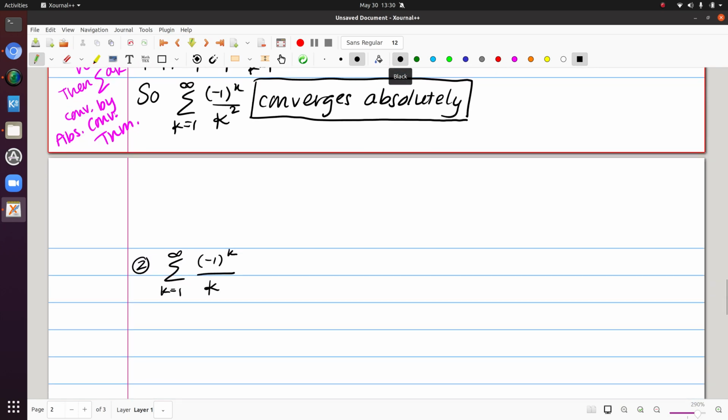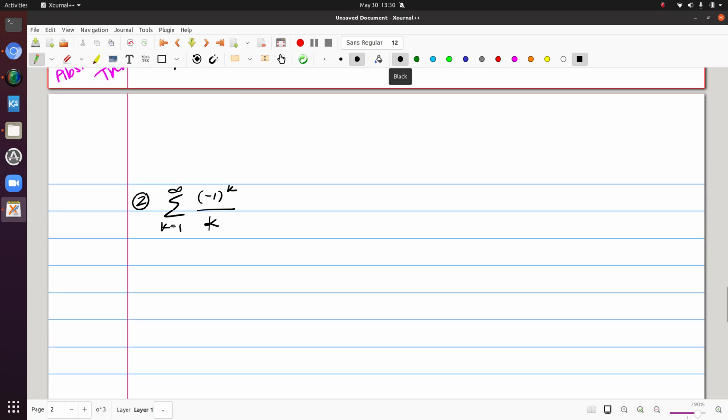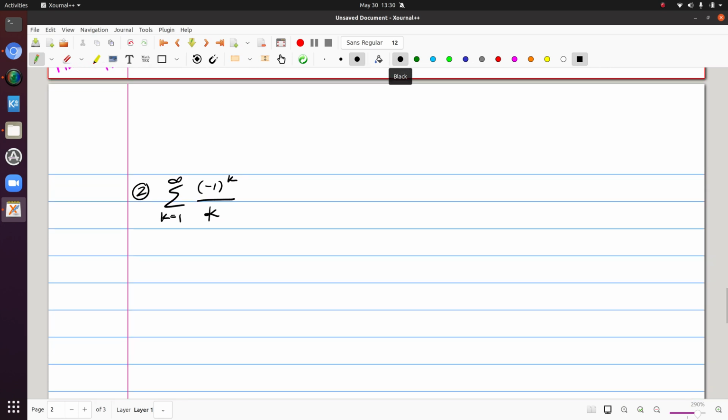If I change that slightly, so instead of a k squared, I go to k in the denominator, let's again think about the same approach. If I were to go through this process and check if this sum converges, I might first observe that it's alternating, and I can apply the alternating series test. Here we would show that 1 over k approaches 0.